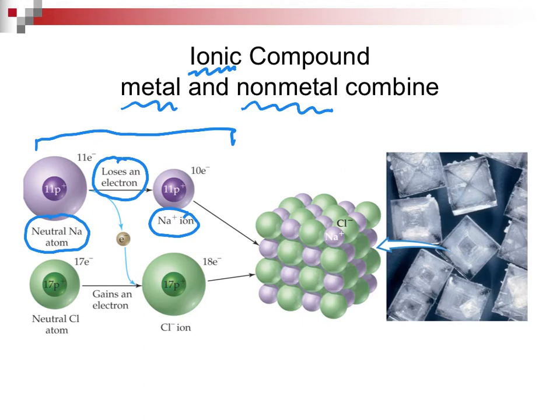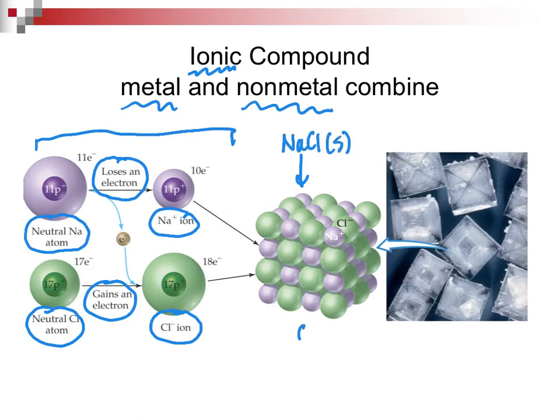Where is that electron going? That electron is going to the neutral chlorine atom. It is gaining an electron, and it is making a chloride ion.